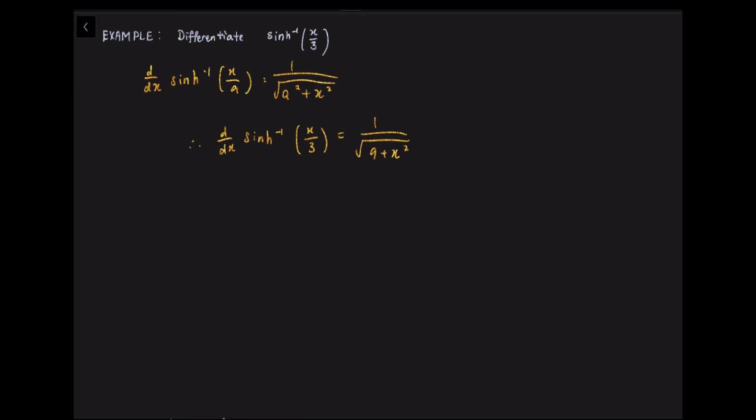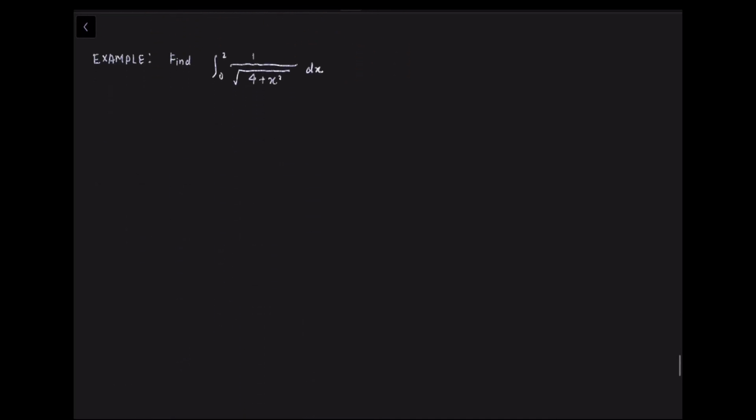Next, we want to integrate 1 over the square root of 4 plus x squared. And we can see that the formula 1 over the square root of a squared plus x squared can be applied here.